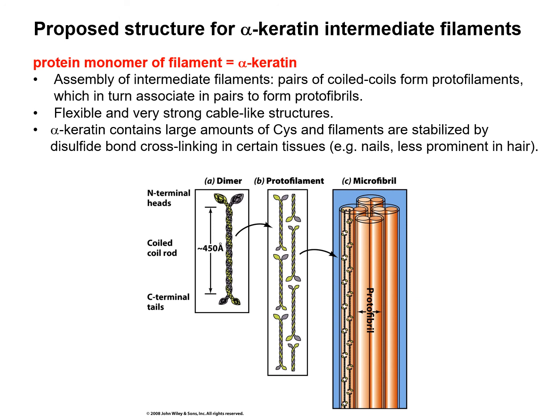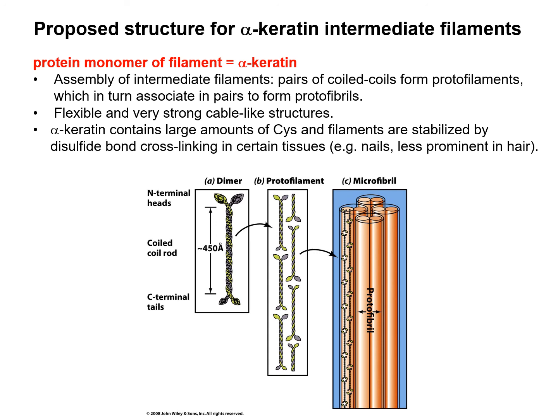And also alpha keratin contains a large amount of cysteine, and the cysteine amino acid is particularly important for the biological functions. If you can recall, it forms the disulfide bond, the S-S bond, inside the molecule, as well as between the different polypeptides too.